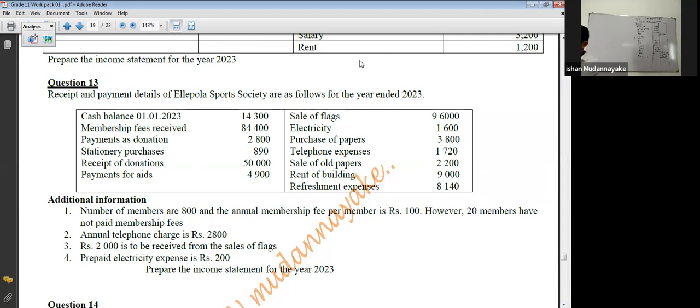I will give you 5 minutes. Try to do something for this question, applying the approval concept. 5 minutes.